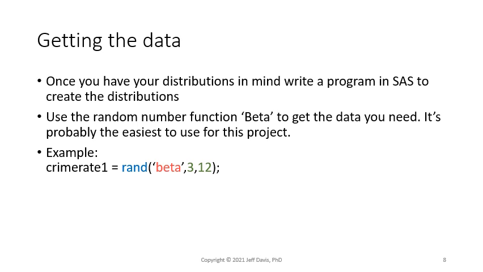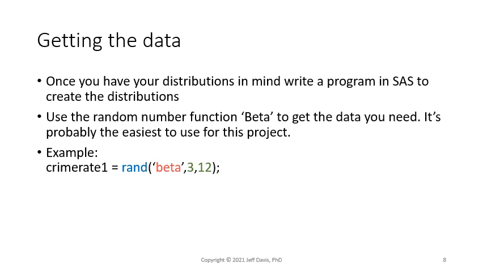That will help you set up your SAS program. All right. So once you have these distributions in mind, you want to go ahead and start writing your SAS program. Okay. All right. So as I have here, one of the easiest functions to use for this project would be the beta function. Okay.